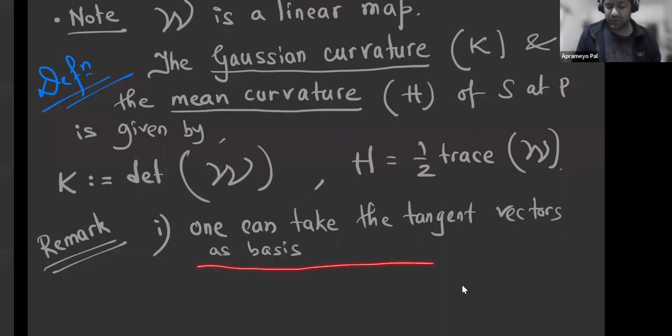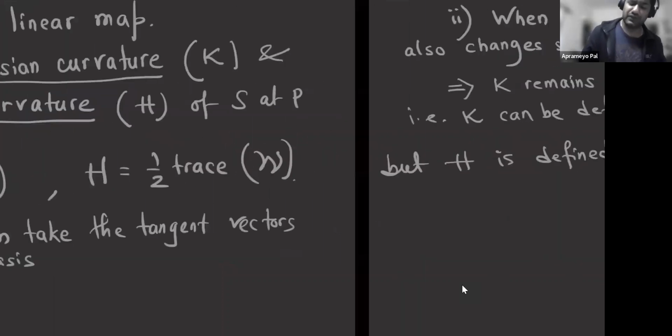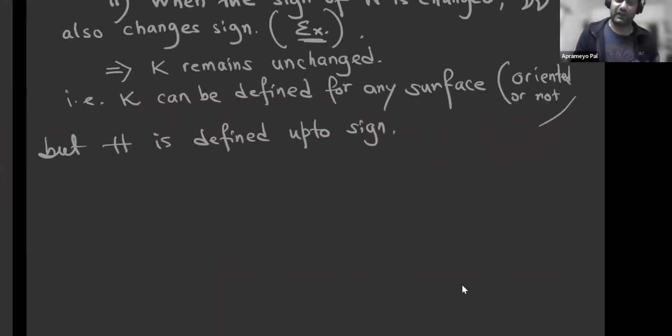You write the linear map in terms of the basis vectors, and we will take our favorite basis, the tangent vectors, and then let's see if we can find something with the relation from the first and second fundamental form coefficients. And that's exactly the next proposition.